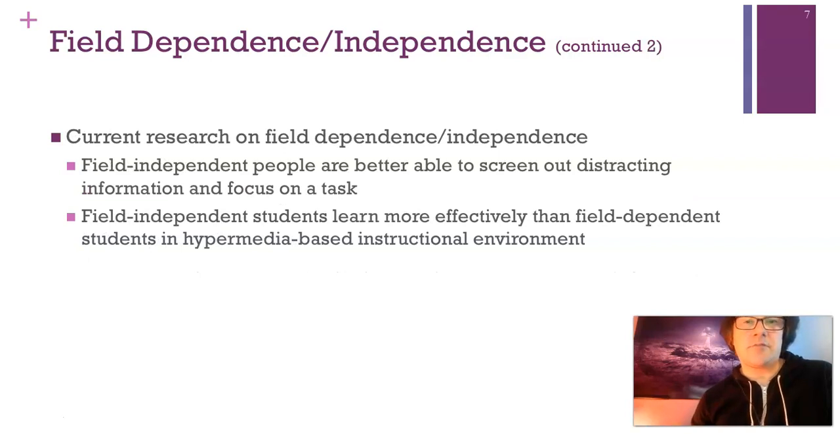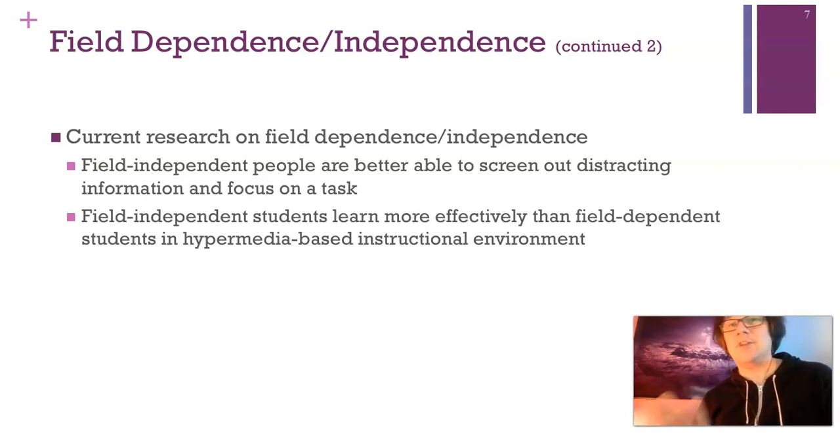Current research on field dependence and independence. Well, some research has shown that field independent people are better able to screen out distracting information and focus on the task. So people who are field independent might be less socially oriented, but they're definitely much more oriented to detail.